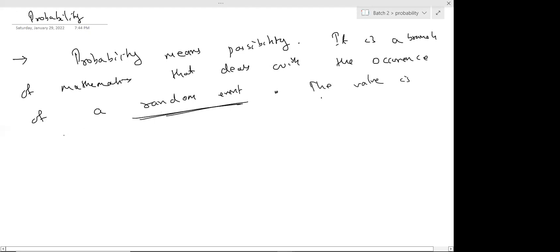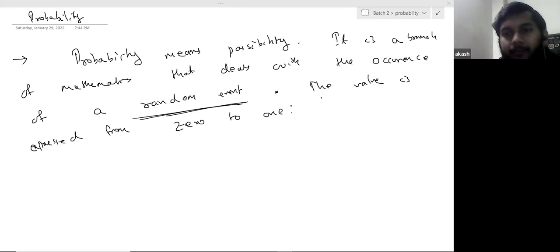The value is expressed from 0 to 1. All right, so probability we use in any random event.